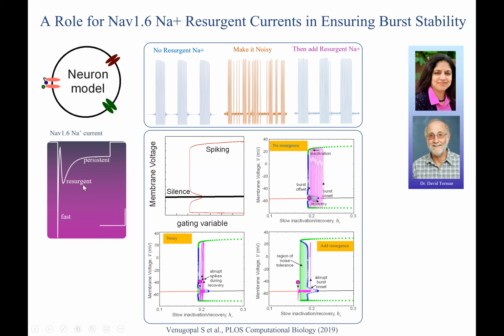We got very curious about it. It was reduced in the diseased mouse, and we were curious to see what role it played. The disturbance in the rhythmic pattern of firing that we saw in this mouse, was it corrected by this current, or did it have anything to do with that? That was the question we were trying to answer.